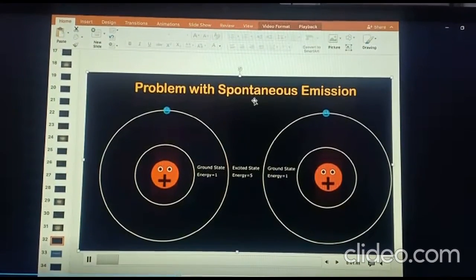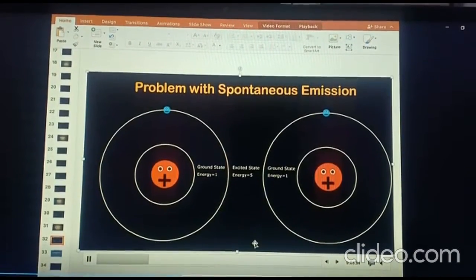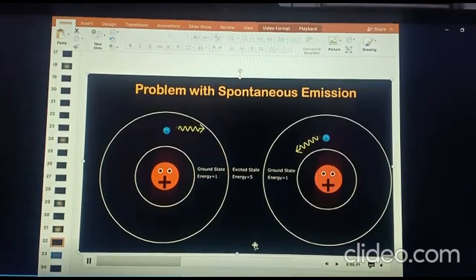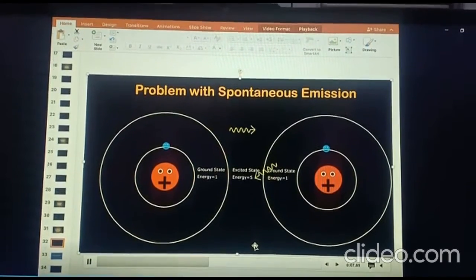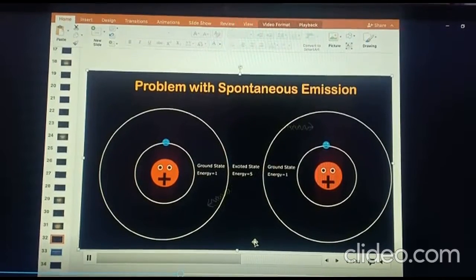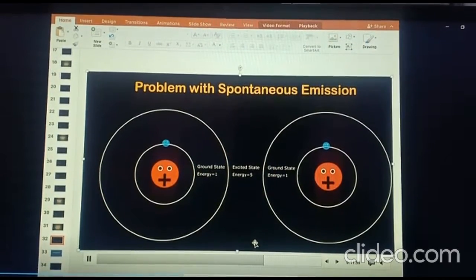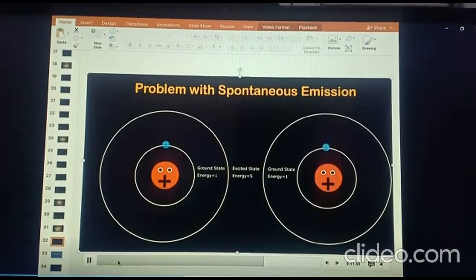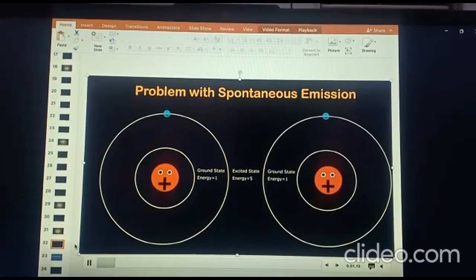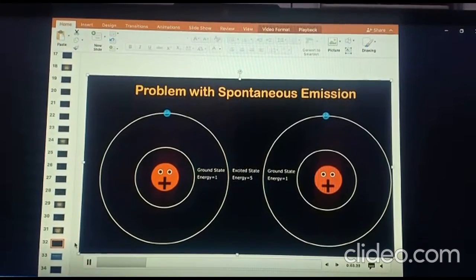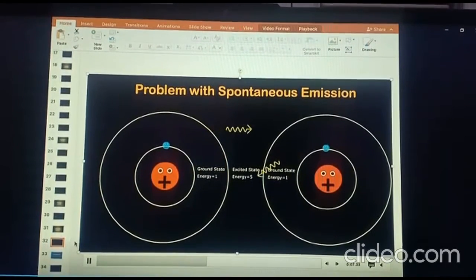Here the electron is coming back to its original position and releasing energy, but this photon is not coherent. We will not be able to form the laser. As you know, the second feature of a laser is that it is coherent, and the third is that it has high energy density.